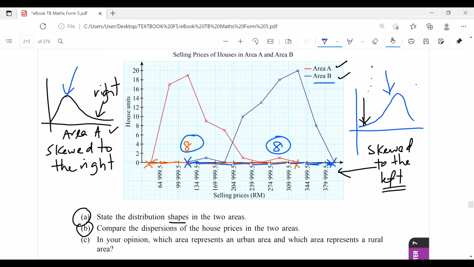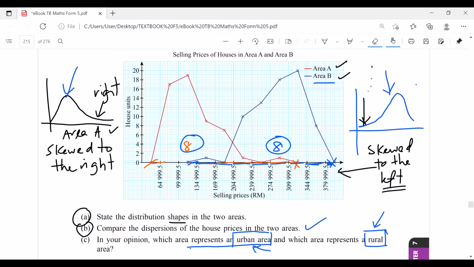Okay, so for C, which area represents the urban area, and which represents the rural area? Urban is like in the city, rural is like in the village or kampung. You have to look at the prices.